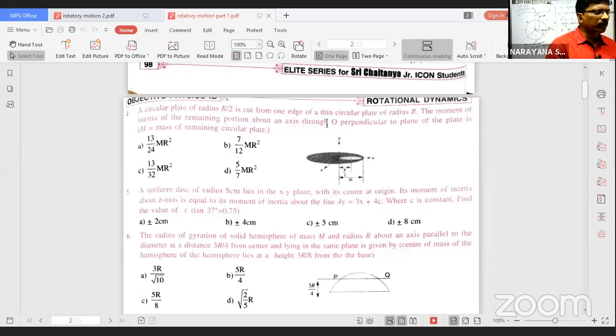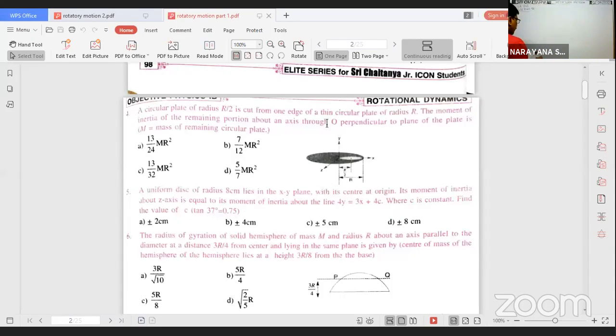Okay, now fourth problem you see, that is important. Fourth problem, all of you see the fourth problem first. See the fourth problem.